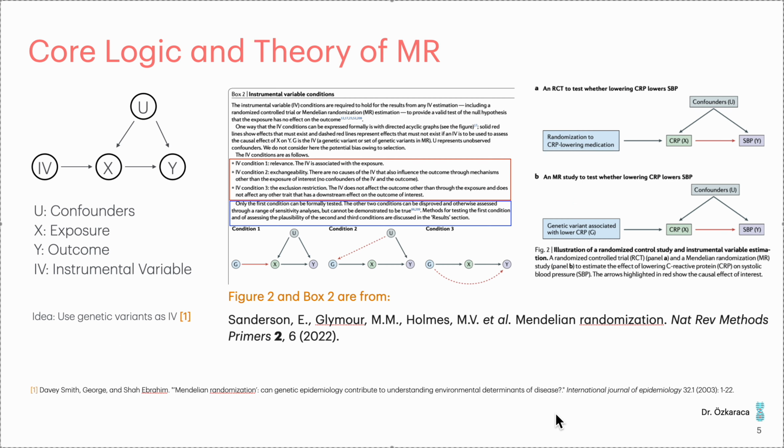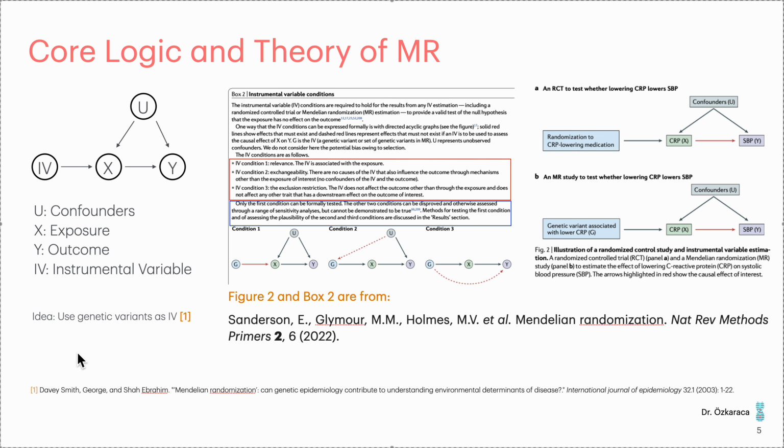Now let's dive into the core logic and theory of Mendelian randomization. On the left of the slide, you will see the core logic behind MR, which is essentially an instrumental variable analysis, or in short IV, where genetic variants serve as instrumental variables. This concept was introduced by Davey Smith and Ebrahim in 2003.